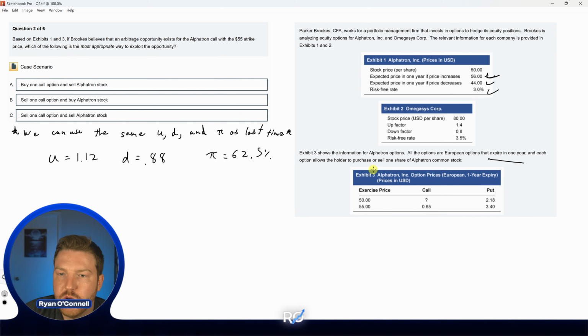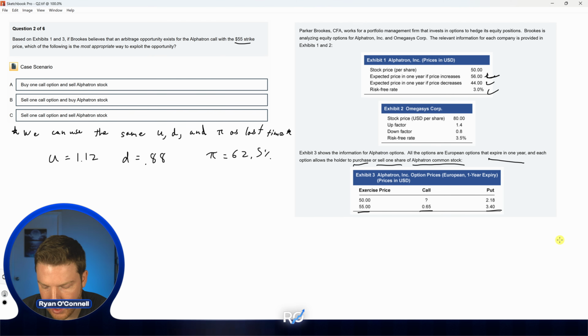Each option allows the holder to purchase or sell 1 share of Alphatron common stock. And so here's the one we're looking at, which has the exercise price, because it specifically asked about the 55 strike. We see a call with 65 cents, and we see a put with $3.40.